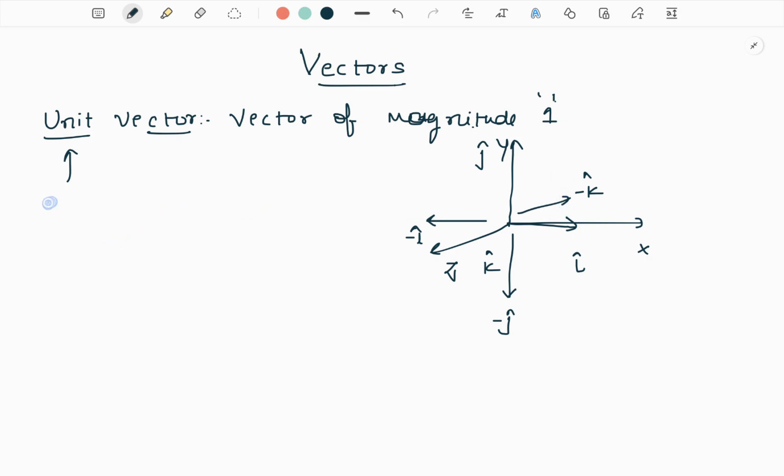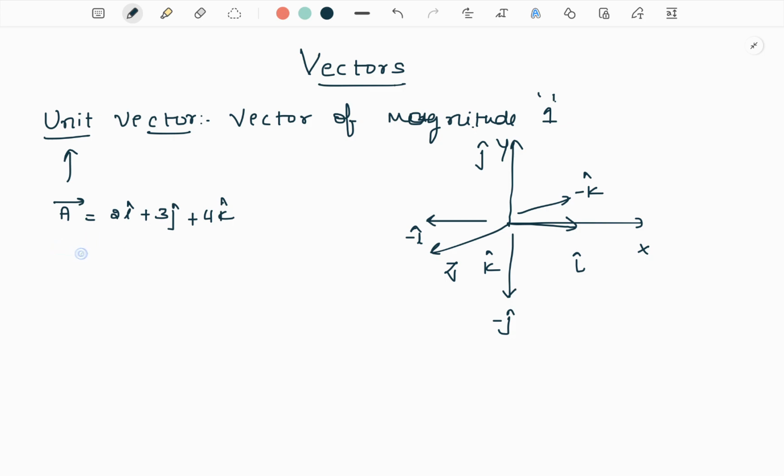Next, they can ask you a question something like this. Let's say we have a vector a bar equal to 2i cap plus 3j cap plus 4k cap. How do we find a unit vector along the direction of a bar?